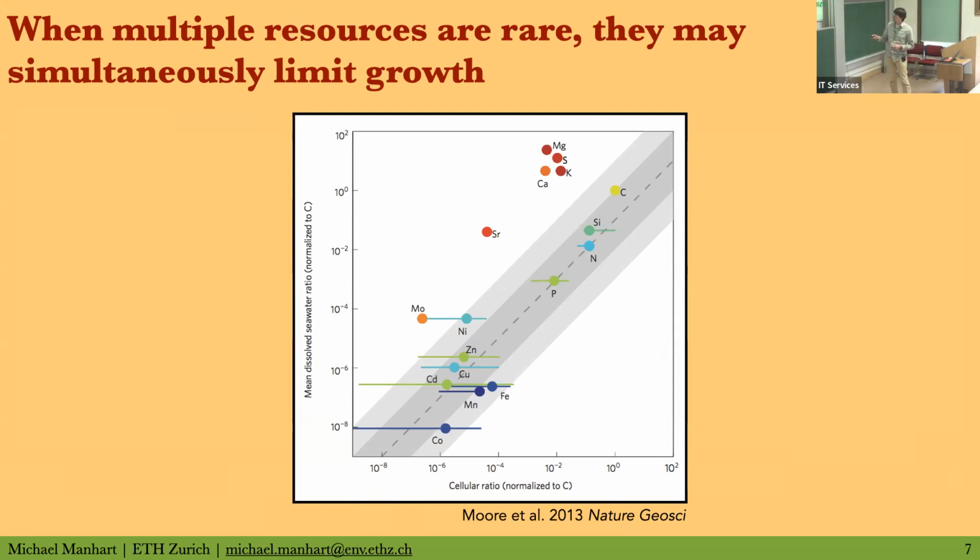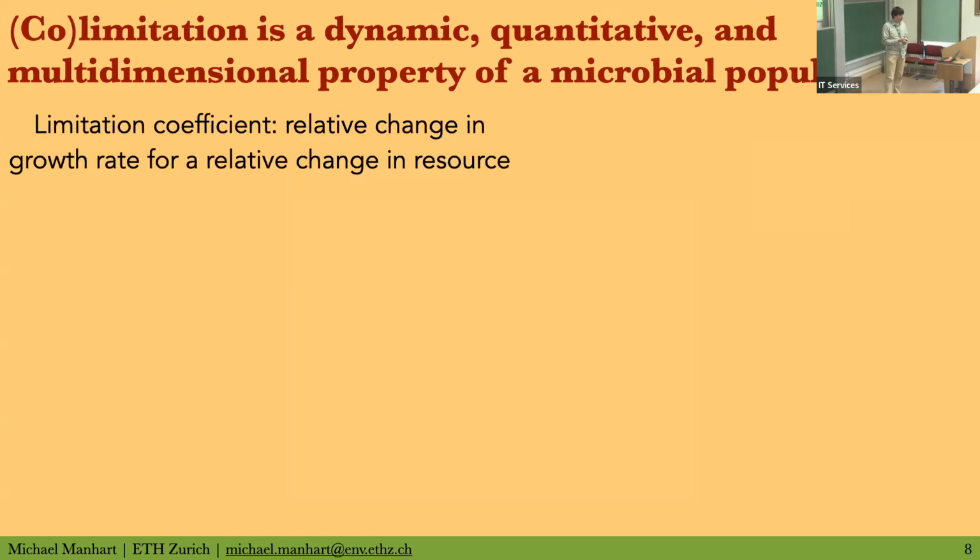So for instance, this is data from this paper about 10 years ago. And if you look at the abundances of all these different elements in dissolved seawater, you can see that many of them are simultaneously rare compared to their cellular requirements. And so this suggests that there may definitely be environments such as this where you have this simultaneous rareness of many things.